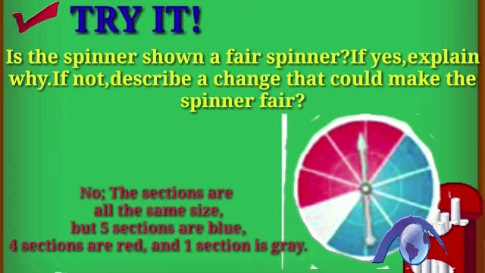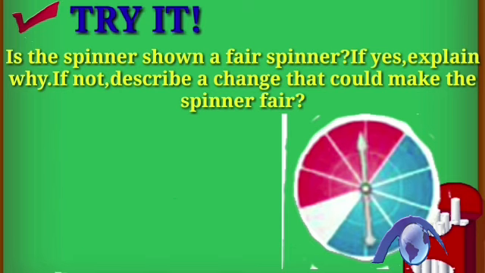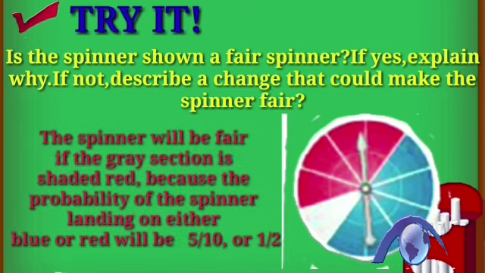The sections are all the same size, but 5 sections are blue, 4 sections are red, and 1 section is gray. The spinner will be fair if the gray section is shaded red, because the probability of the spinner landing on either blue or red will be 5/10, or 1/2.